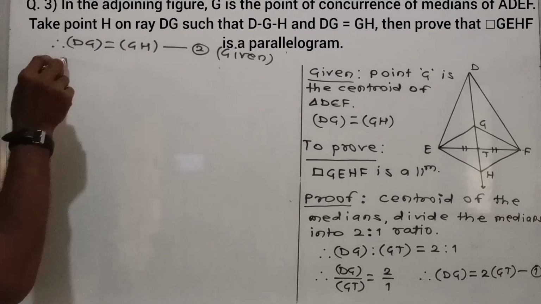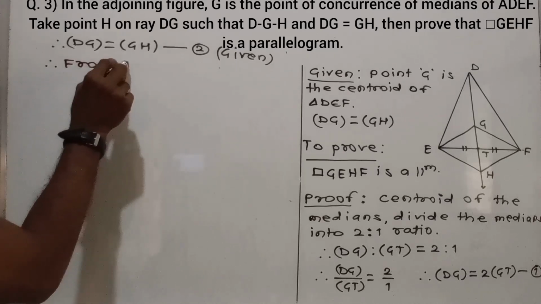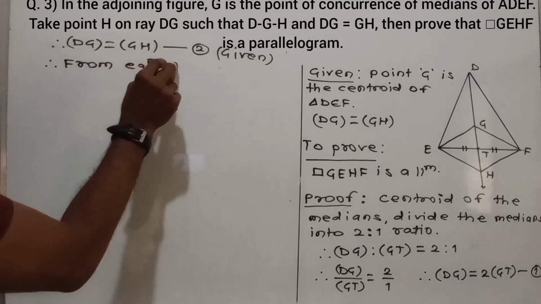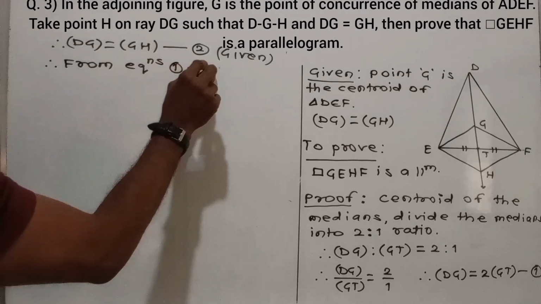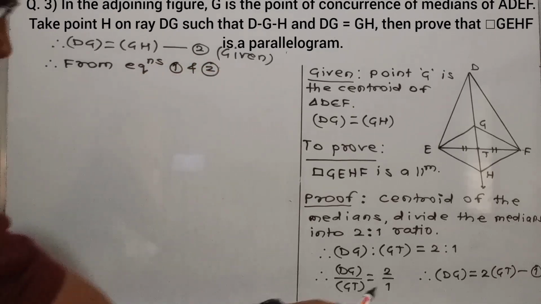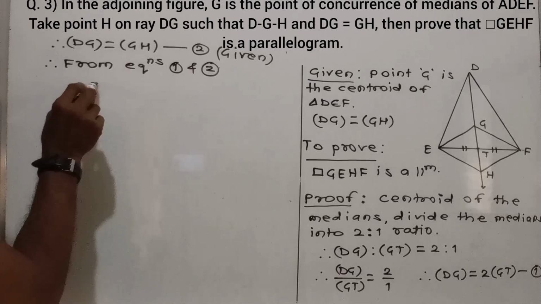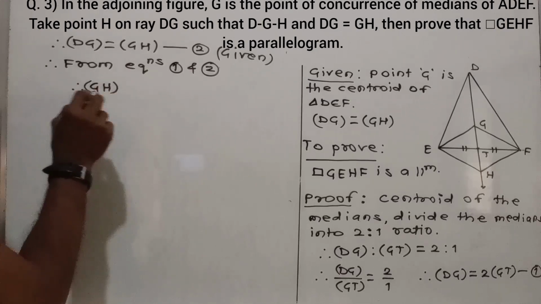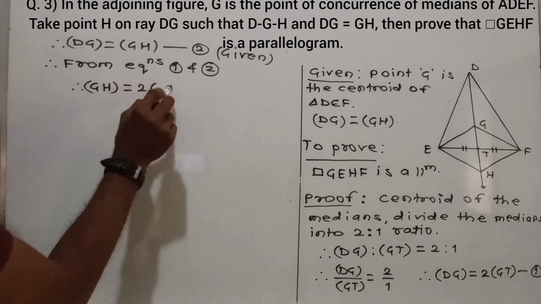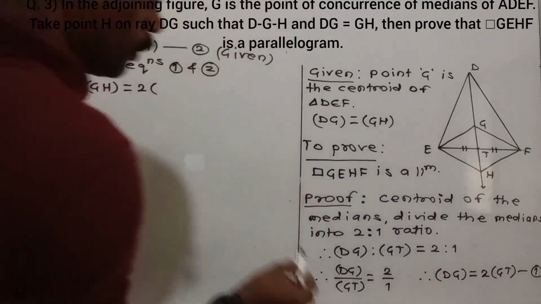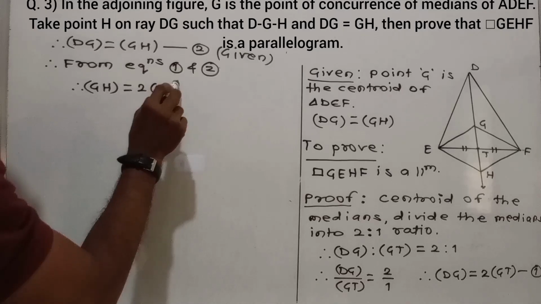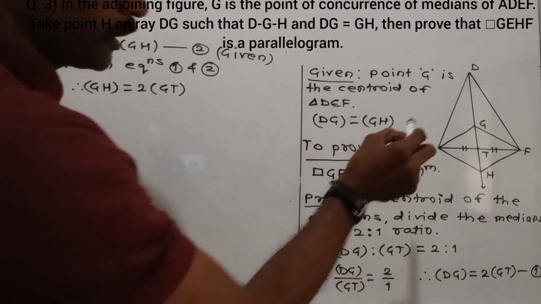Therefore, from equations 1 and 2, DG and DG, left sides LHS are same or equal. Therefore, RHS are also equal. Therefore, GH is equal to GT.